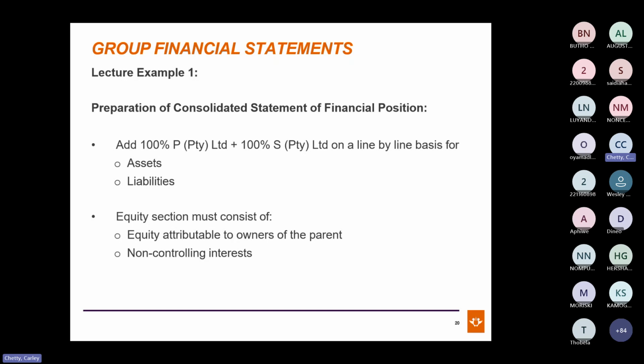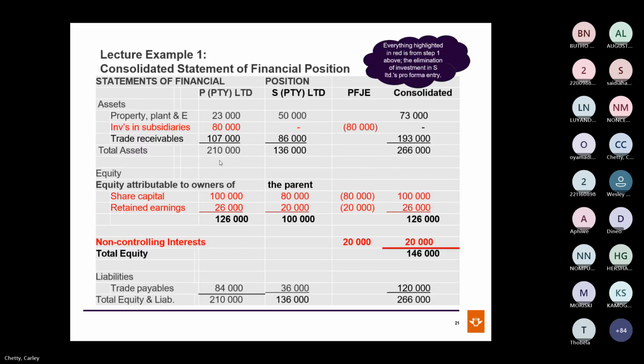So we need to split the equity between the parent and the non-controlling interest, which we'll call NCI. Okay, so this is the consolidated statement of financial position. It looks confusing if you look at it, but if we just go through it step by step, then it will make sense.